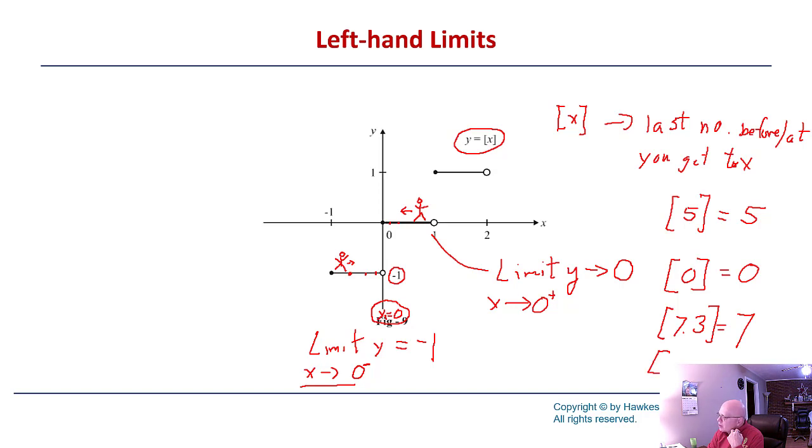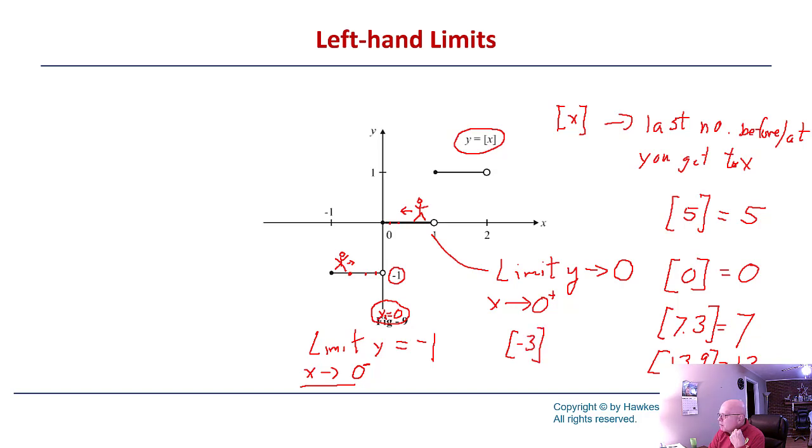Take a second one. Let's suppose we have 13.9. Now that's pretty close to 14, but if we're coming from left to right on the number line, what's the last integer we hit? 13. Now, from the other side, suppose we had the greatest integer and we put a -3 there.